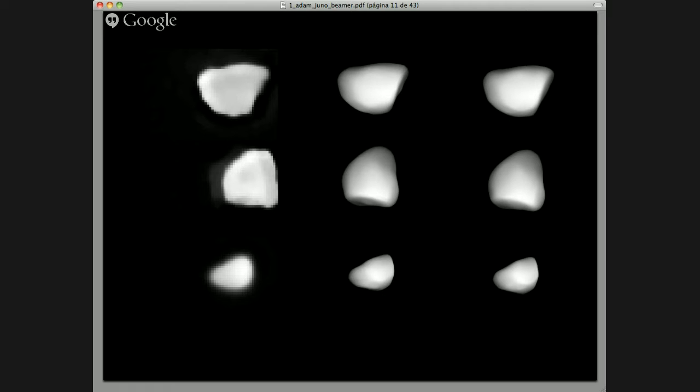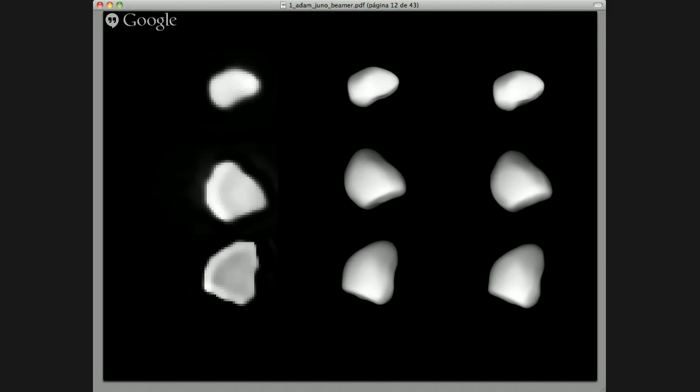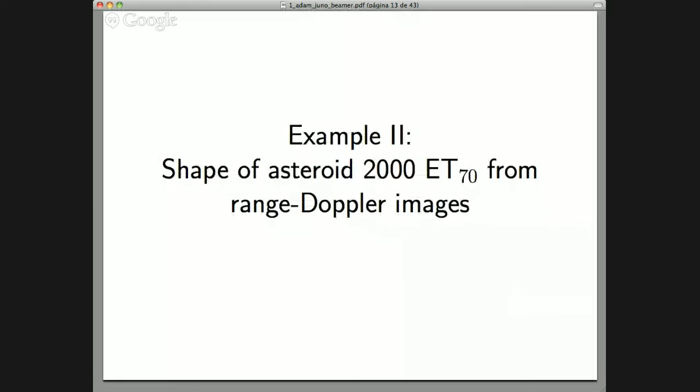Then a different example, where we use range Doppler images. We have a small near-Earth asteroid, 2070.